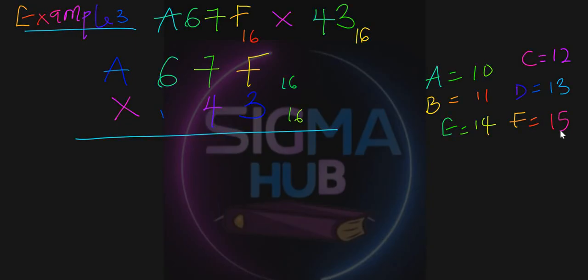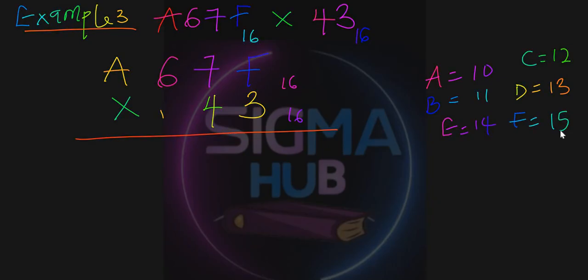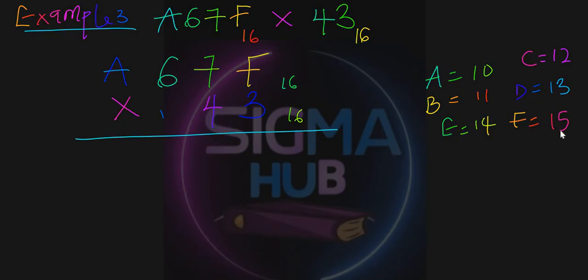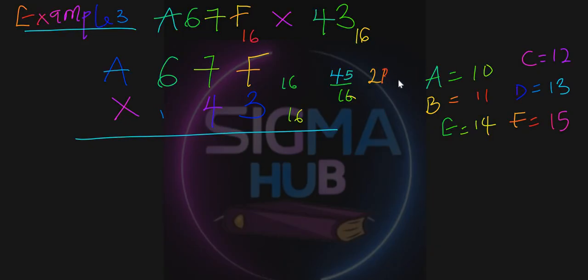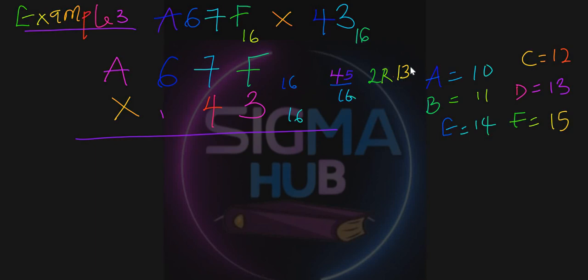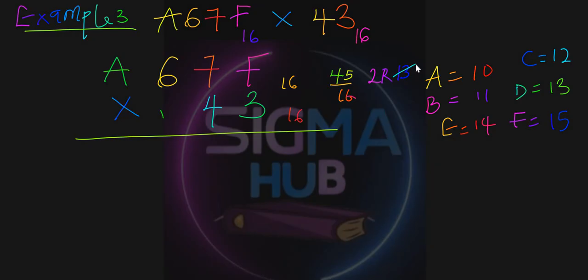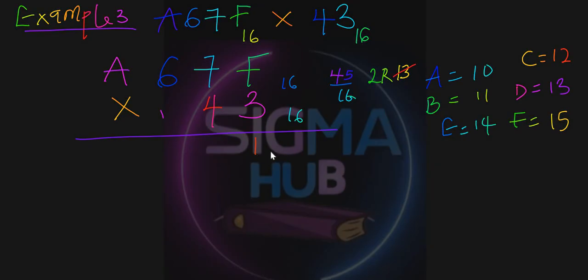So if I say 45 divided by 16, it's going to give me 2 remainder 13. So I'm going to be writing the remainder, which is 13. But of course, I cannot write 13 like that. I'm going to use the representation of 13, which is D. So I have D. So which means I'm keeping 2.